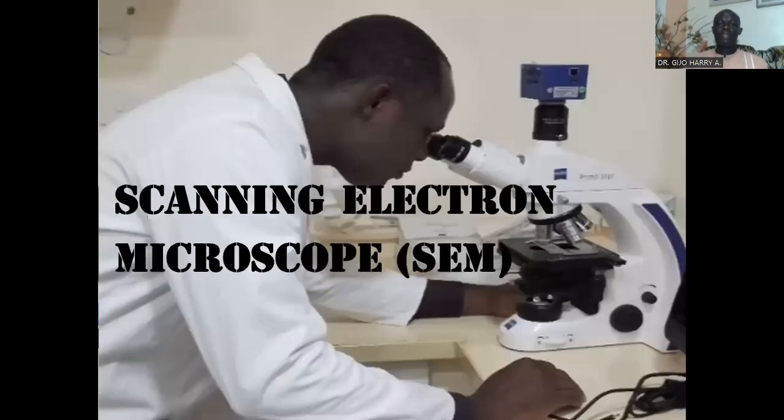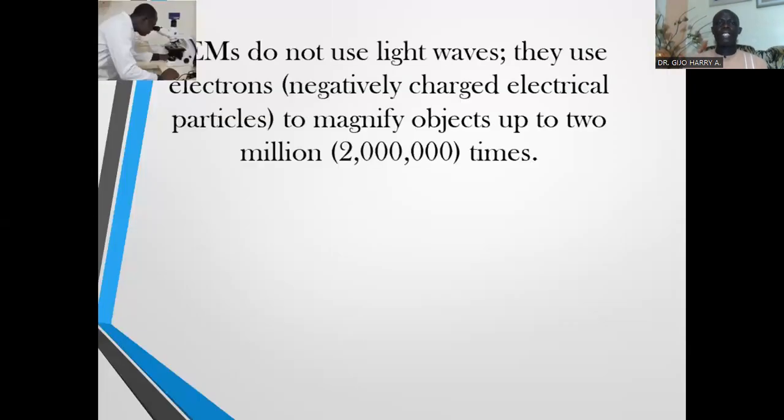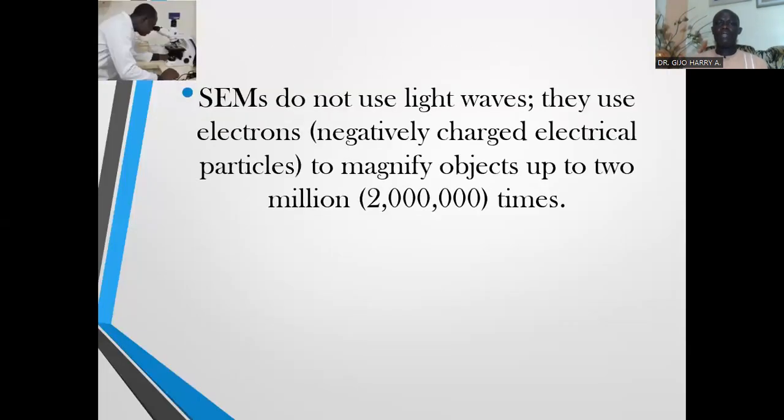Now, having discussed the transmission electron microscope, we want to look at the scanning electron microscope, which is another type of electron microscope. The scanning electron microscope does not use light waves.